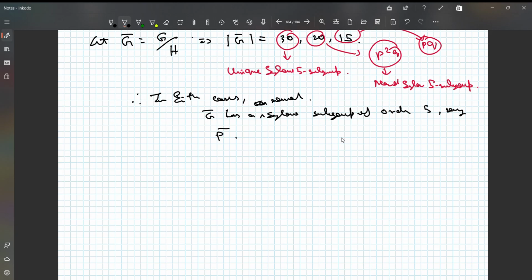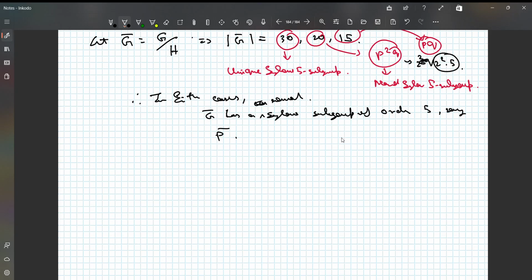In case of a group of order P squared Q, I guess it's also obvious, because we have the group of order 2 squared times 5, and the number of Sylow 5-subgroups must divide 4. It will have a normal Sylow 5-subgroup. In all the three cases, it will have a normal Sylow 5-subgroup, right?